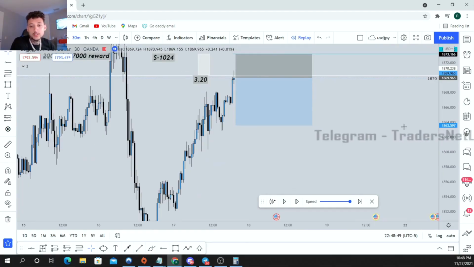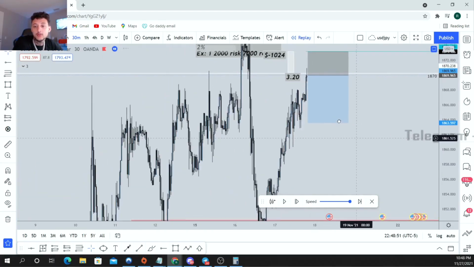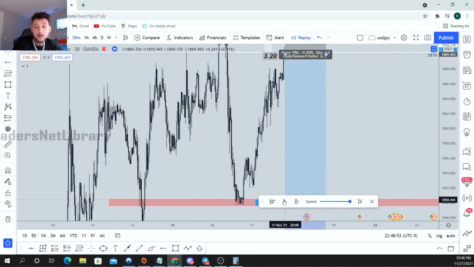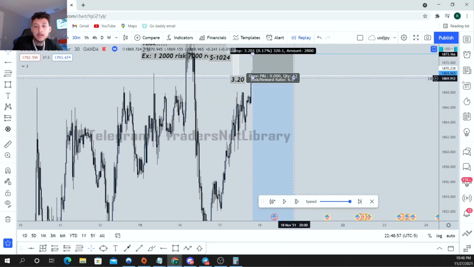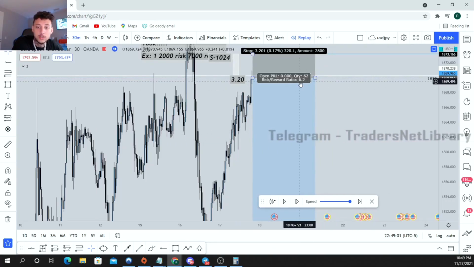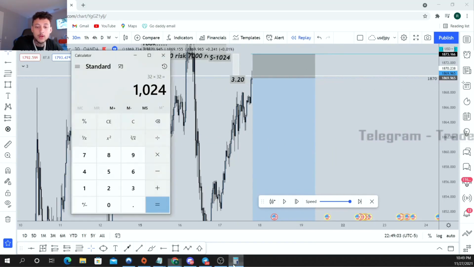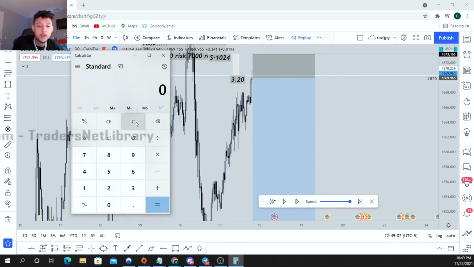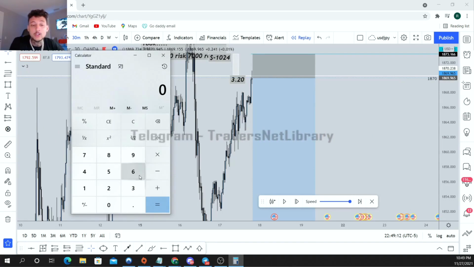Now on our first position, if we're risking $1,000, all we simply have to do is multiply $1,000 by our risk-reward ratio, which is 6.2, right? So notice how just in our first position alone, we're still risking $1,000. We're risking less, actually.